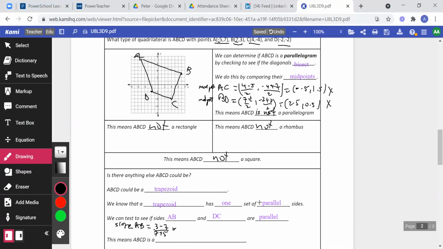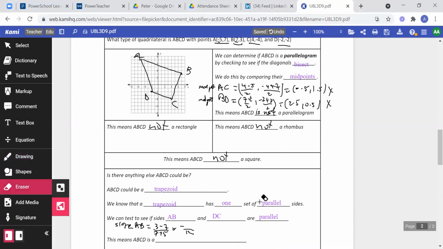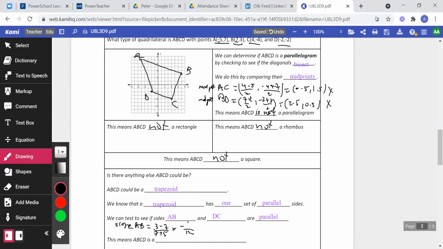And this gives us minus 4 over 12. 3 minus 7 is minus 4. 7 plus 5 is 12. So if you divide up and down by 4, 4 divided by 4 is 1, 12 divided by 4 is 3. So we have minus 1 over 3.